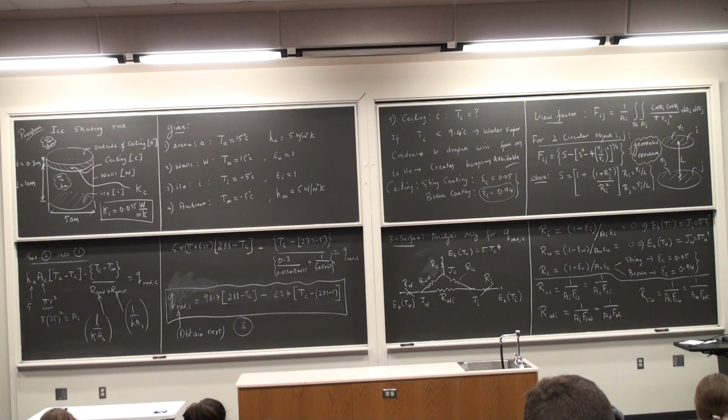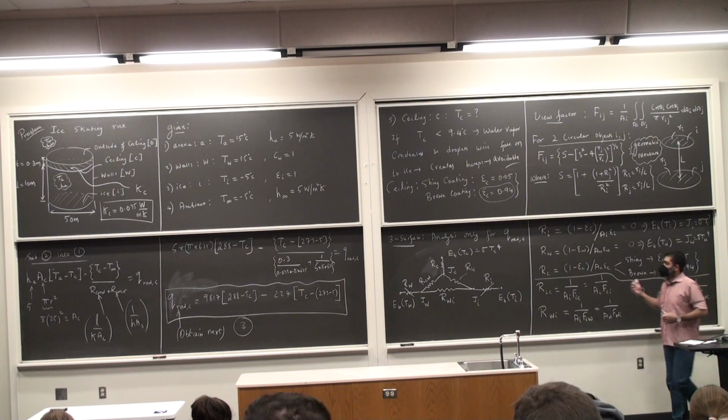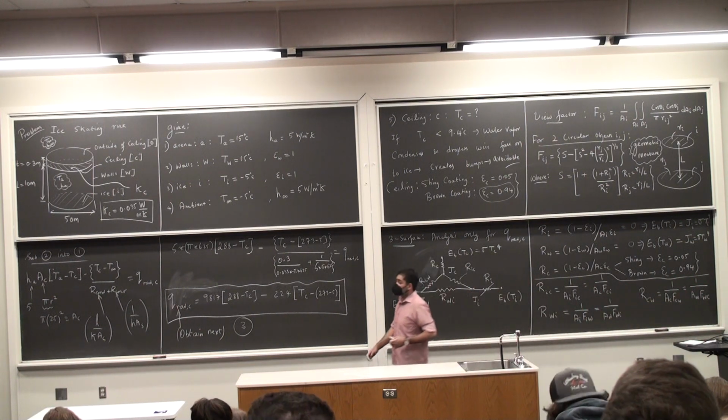Once again, the primary resistances are the surface resistances, the remaining ones between the radiosities are the geometric resistances.